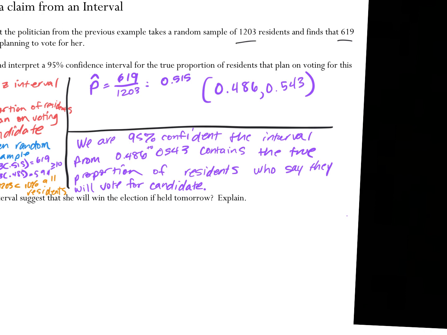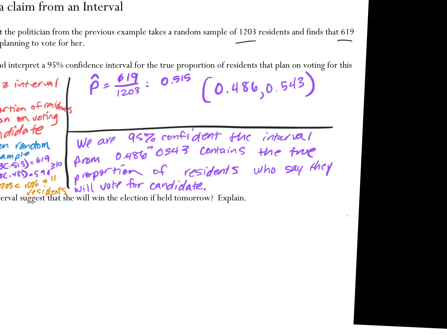A couple of things. Your conclusions should rarely, if not never, be written in past tense, because you want to make sure your conclusions are written about the population and not the sample itself. Do you guys see what I'm saying there?